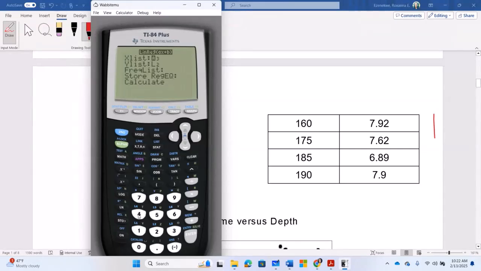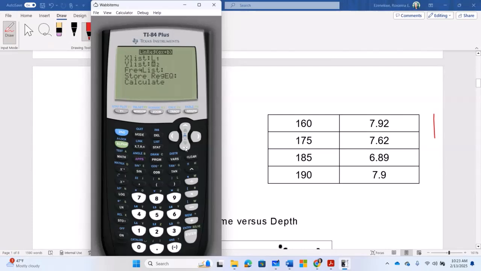And then it's asking me where is my X list. My X list is in L1, don't forget. My Y list is in L2. My predictor is in L1. My response is in L2. It's asking me if I have frequency.